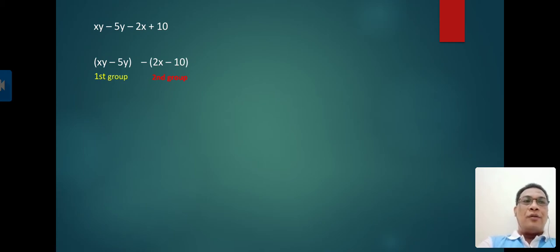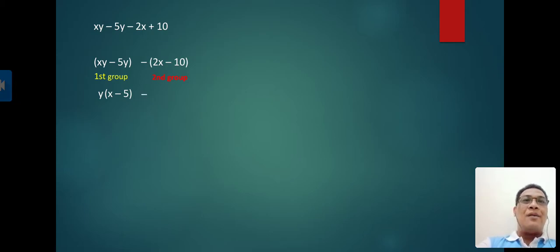On the first group, y is common to each term. So that is your GCF. Now, if I divide y from your first group, it will lead us to x minus 5.